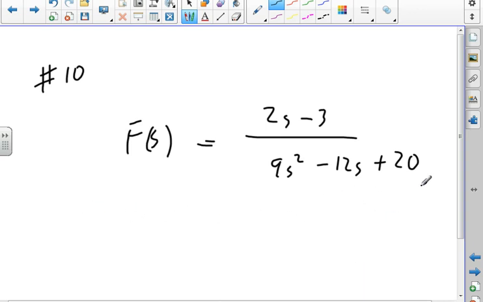Can I factor that bottom guy? If I go 3s minus 5 minus 4. Does that give me a minus 12? No, that gives me way too much.